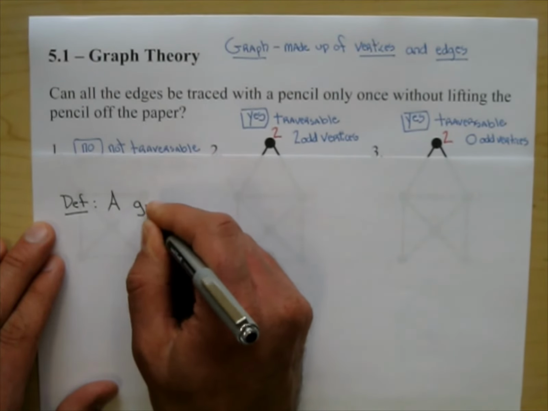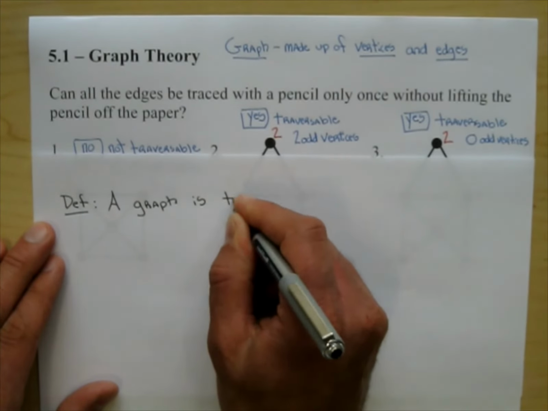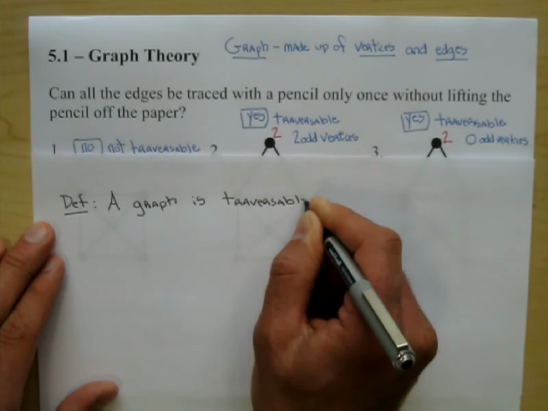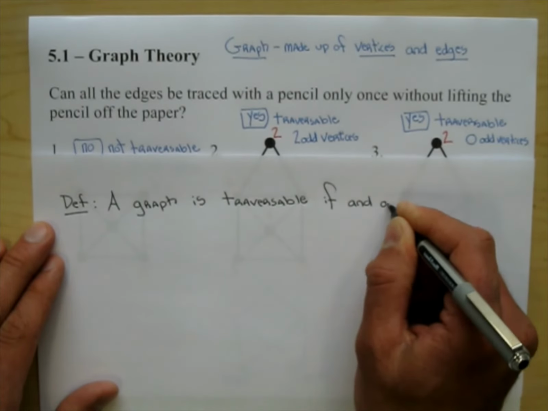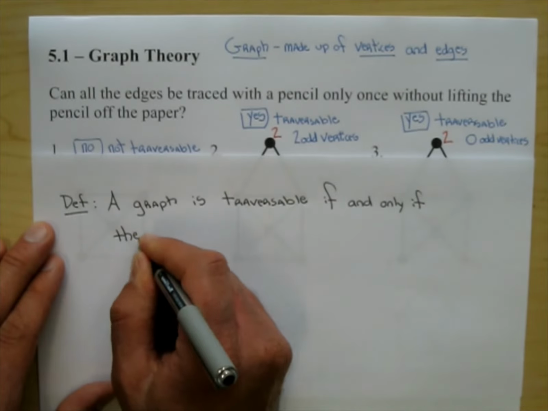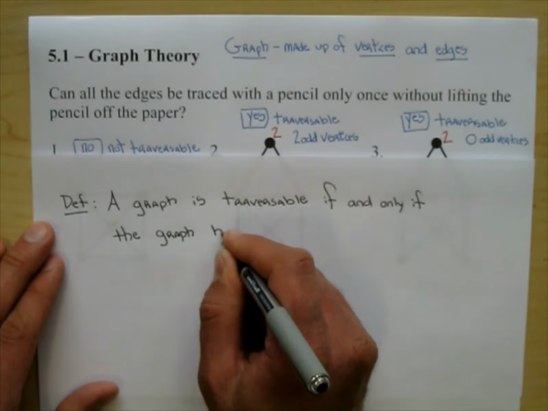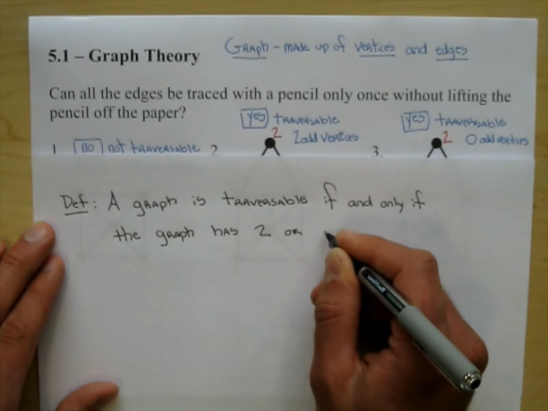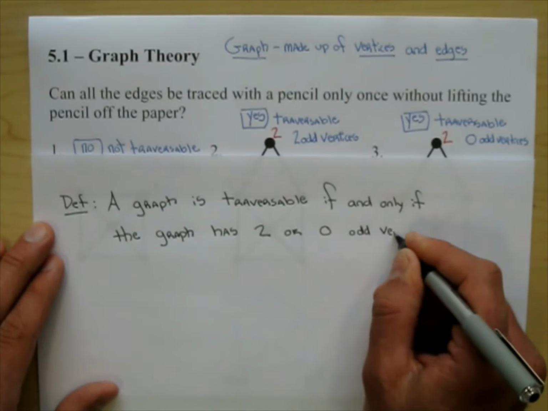A graph is traversable if and only if the graph has 2 or 0 odd vertices.